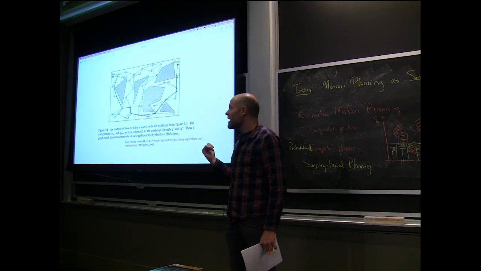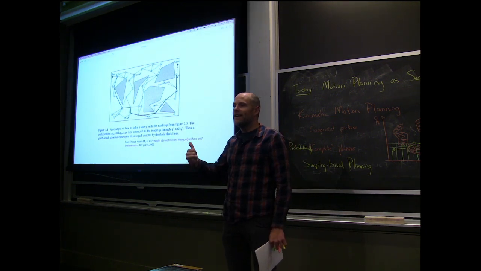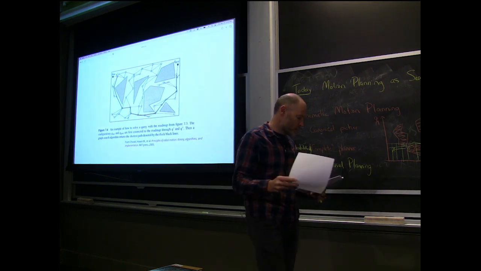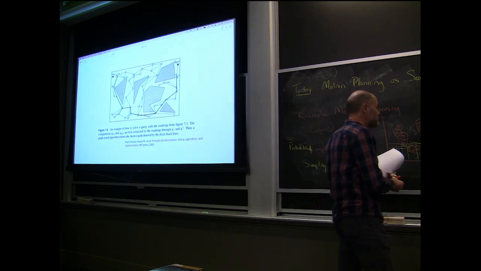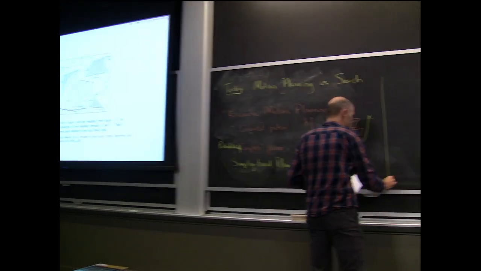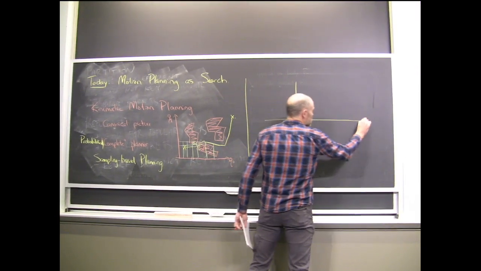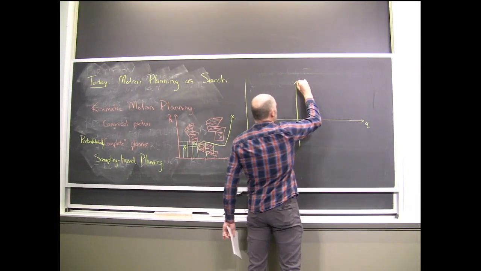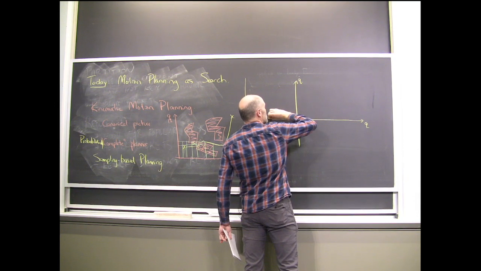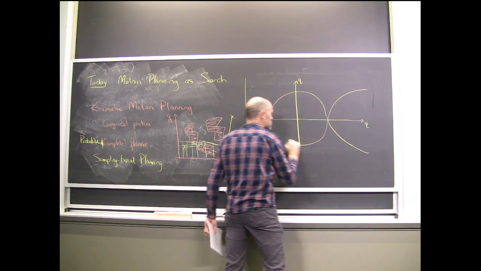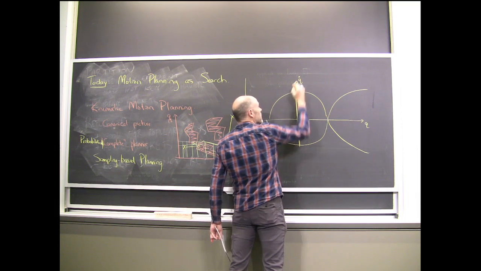Okay, so what if we have dynamic constraints? Let's say, would this algorithm solve the pendulum? Even just the pendulum swing up. Just a quick thought experiment, right? Now I've got a phase portrait.